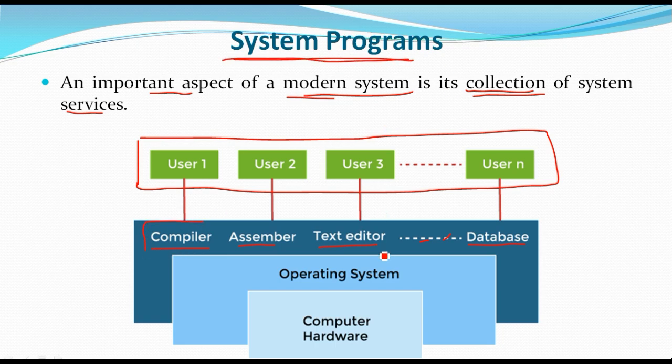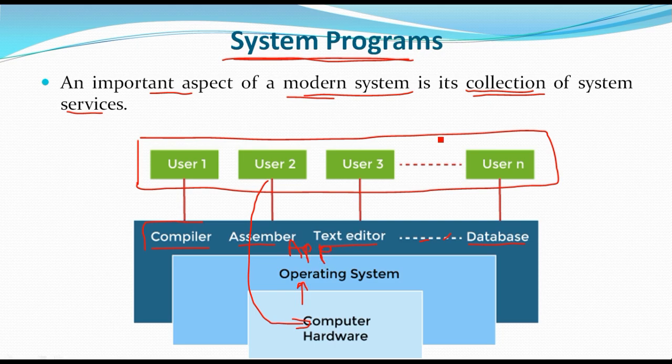Now, the user cannot directly access the hardware. The operating system provides the interface between the user and the computer hardware, but the user can interact with the application software installed on the modern computer system.